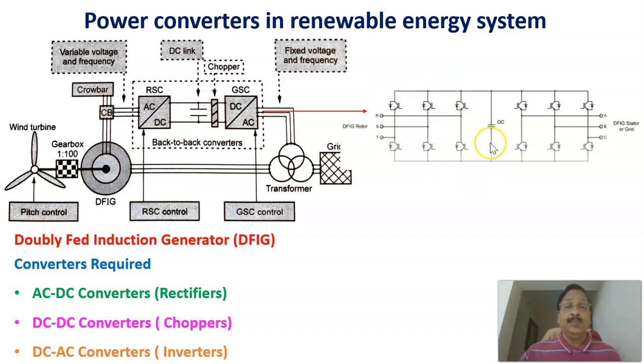It is made of three legs, since it's a three-phase signal. That is why there are three phases, and in each phase there are two switches connected, IGBTs, two switches in each leg. Therefore, this is a controlled rectifier that converts the rotor variable voltage, variable frequency into a DC quantity that is available here.